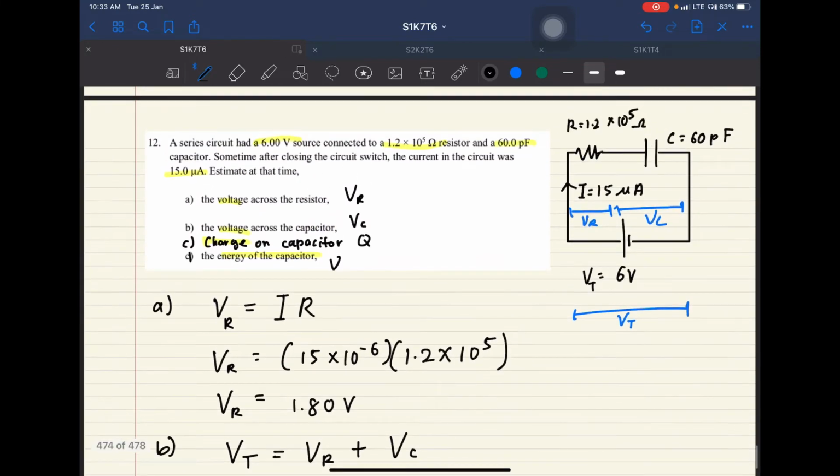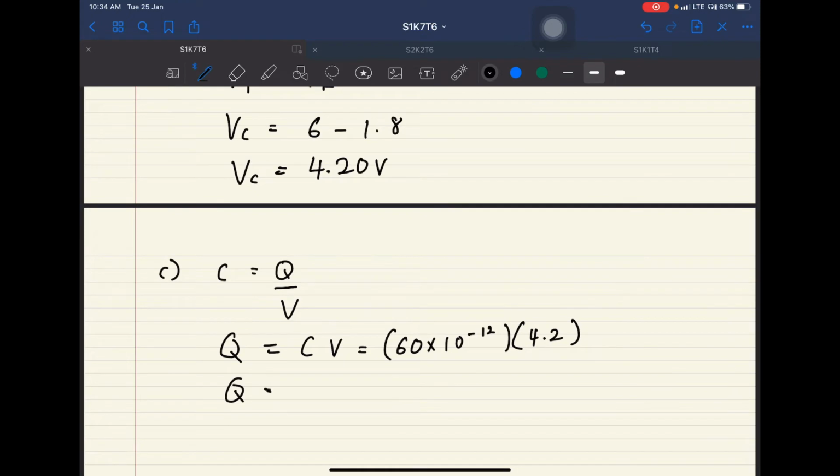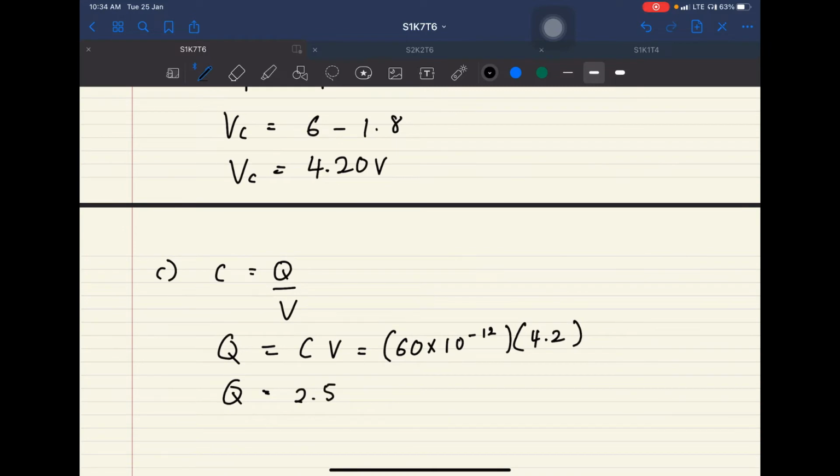Capacitance is 60 picofarad. Pico is 10 to the negative 12. Voltage just now is 4.2. The charge on the capacitor at this particular time would be 2.52 times 10 to the negative 10. Charge will be in coulomb.